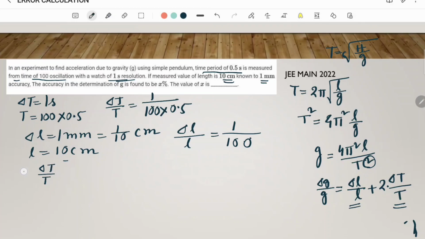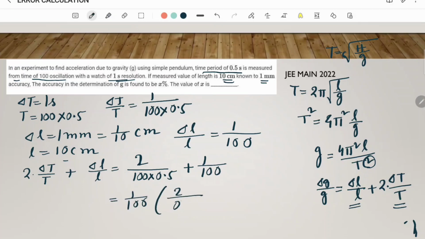So now delta t by t into 2 plus delta L by L becomes 1 over 100 into 0.5 multiplied by 2 plus 1 over 100. Let us take this 1 over 100 as common, so we are left with 2 by 0.5 plus 1.